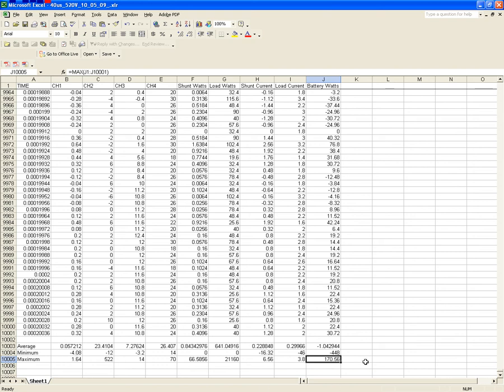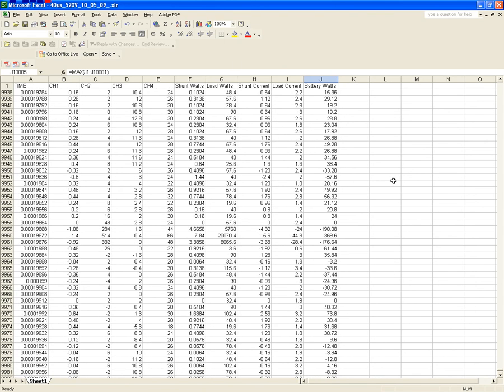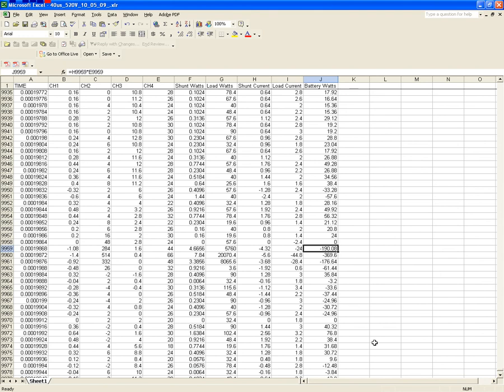And I've posted this data in the forum so that you can do this analysis yourself and compare it and see that the battery watts at a particular instant in time is a true wattage, because here on the shunt, we have a negative voltage drop across that. That means we have a negative current flowing through the shunt.